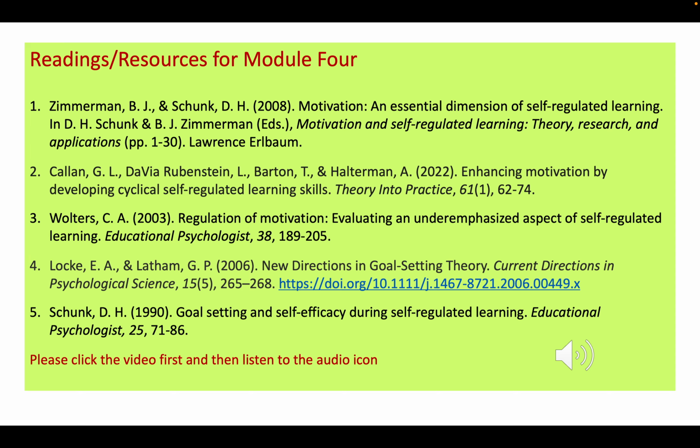So I want to start with what was on my list, Callan, which is number 2 there, and he and the authors are looking at how to enhance motivation by developing cyclic self-regulated learning skills.